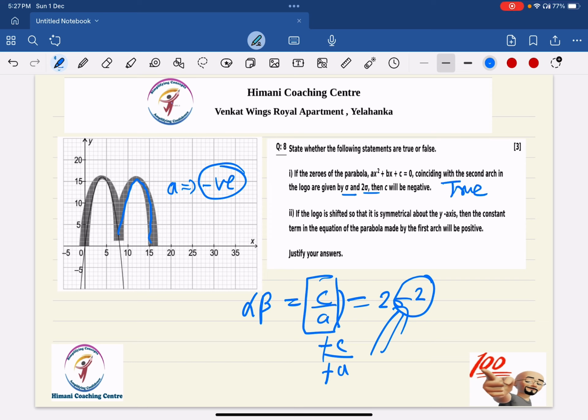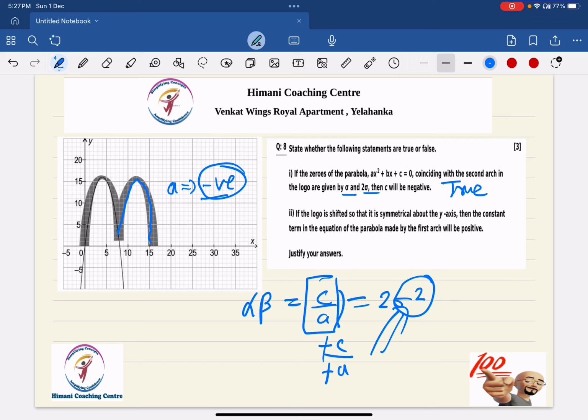Okay, so if the zeros of the parabola coinciding with the second arc in the logo are given by sigma and 2 sigma, then c will be negative. I'm quickly revising this concept again. Since the parabola is concave downwards, the coefficient of x square, a, has to be negative, and since the roots are already given, sigma and 2 sigma, their product is 2 sigma square. Any square can never be negative.